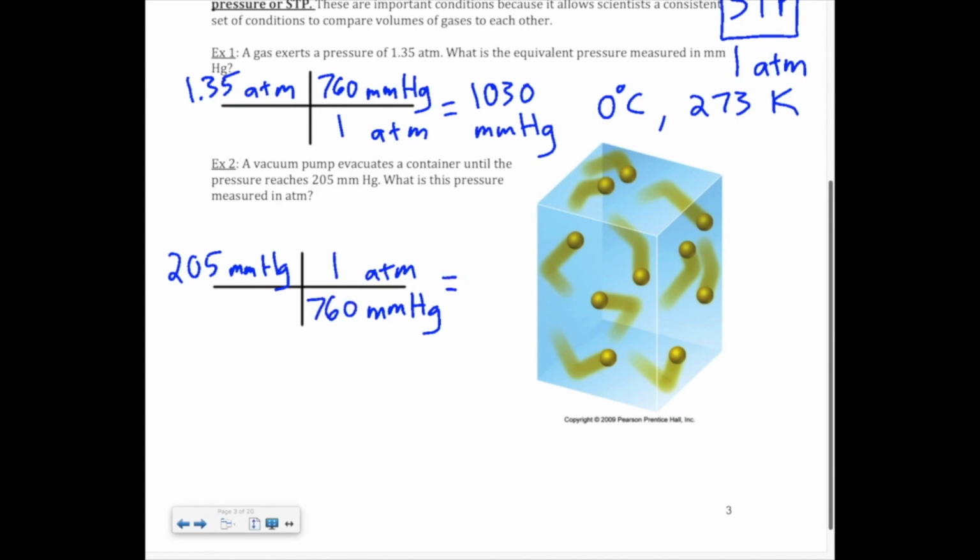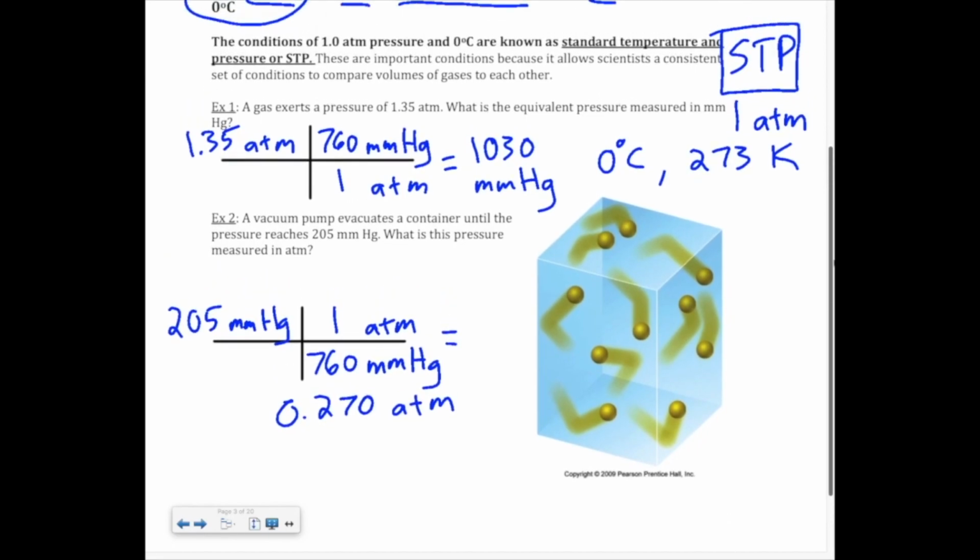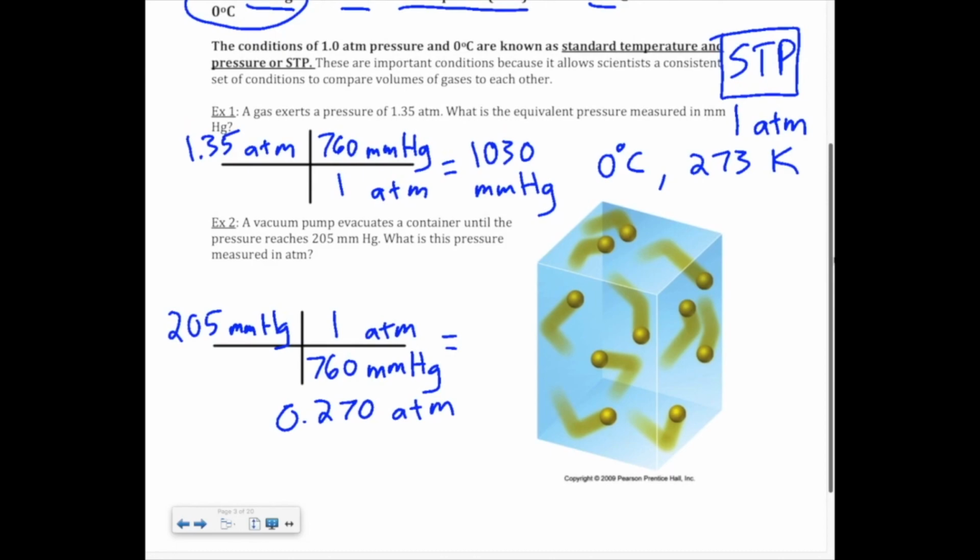So 250 divided by 760 will land you at 0.329 atmospheres. So that's what we run into. And really, for these two examples, you're either multiplying or dividing by 760. And that's really all you have to do. Okay. All right. Thank you all.